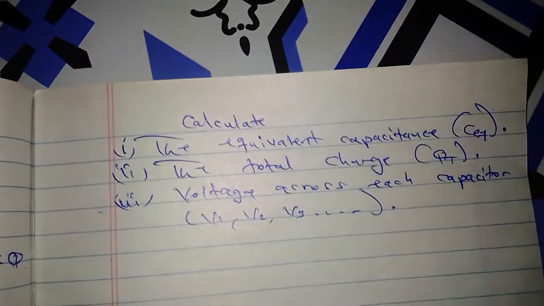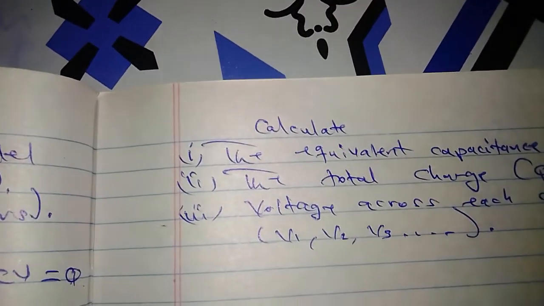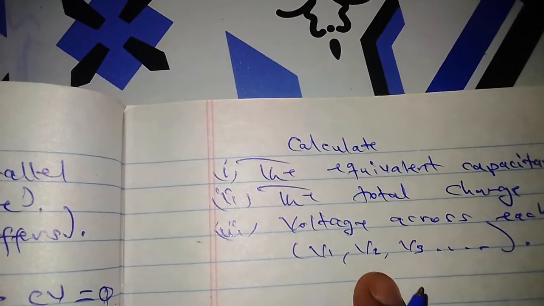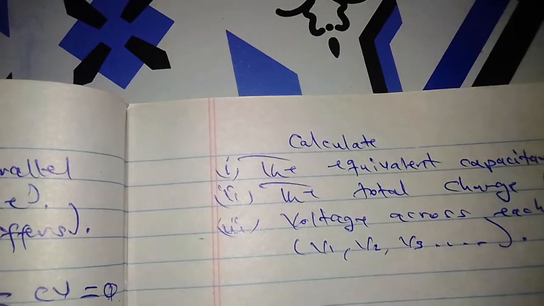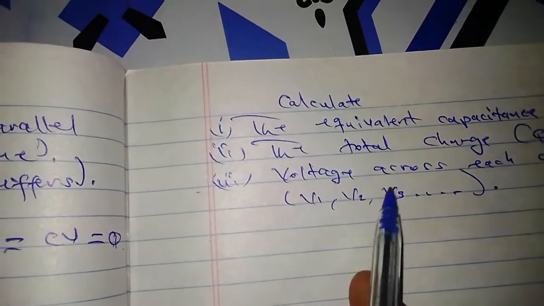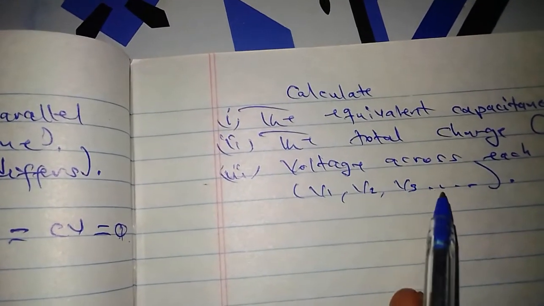If the capacitors are more than 2, we will calculate V1 voltage, V2 voltage, V3 voltage, or capacitor 1 voltage, capacitor 2 voltage, and capacitor 3 voltage. That is the voltage across the capacitors.